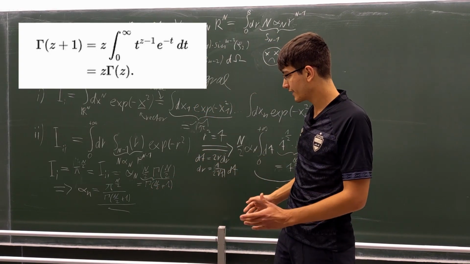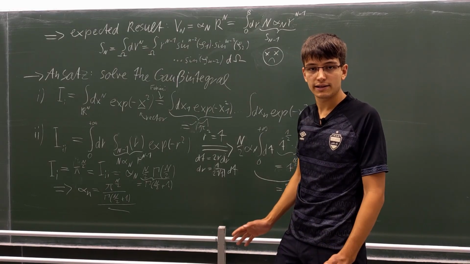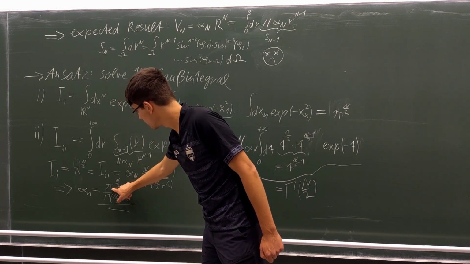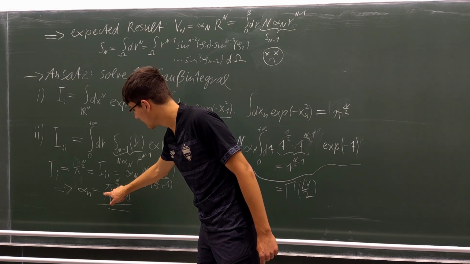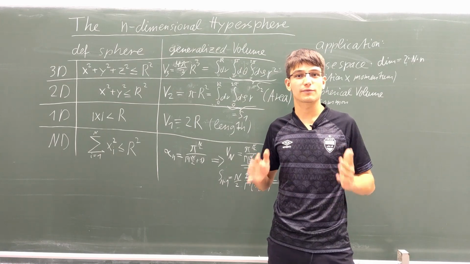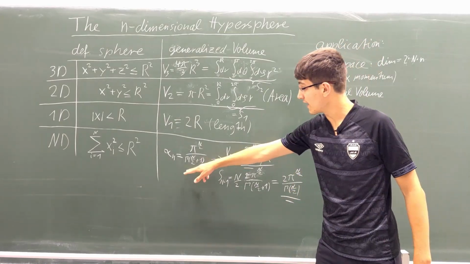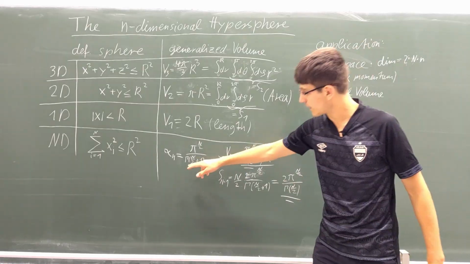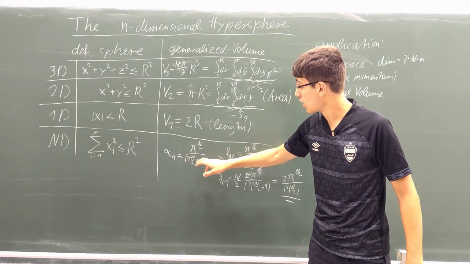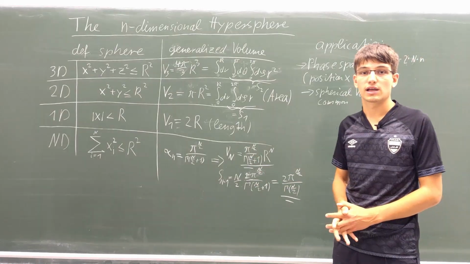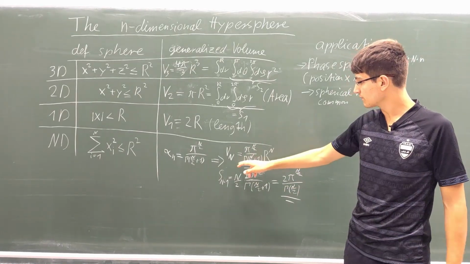So now we can write an alpha n directly. This will result in alpha n equals pi to the power of n halves over the gamma function of n halves plus 1. Okay, let's summarize what we found out. So our factor alpha n equals pi to the power of n halves over the gamma function of n halves plus 1. So we can now determine the volume of an n sphere using this formula.